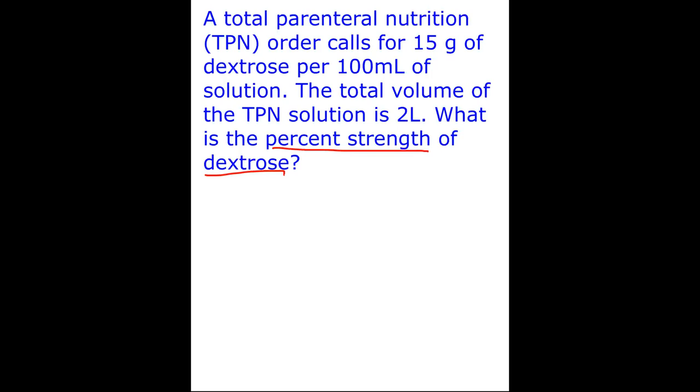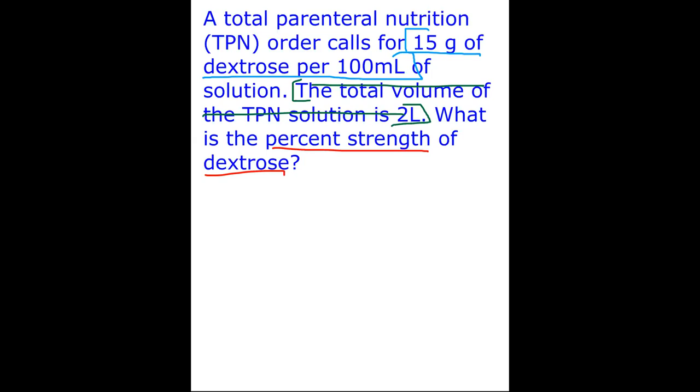So this extra information here, the total volume of the TPN is 2 liters, we do not need that information in order to solve this problem. The information that we need is the order calls for 15 grams of dextrose per 100 milliliters.